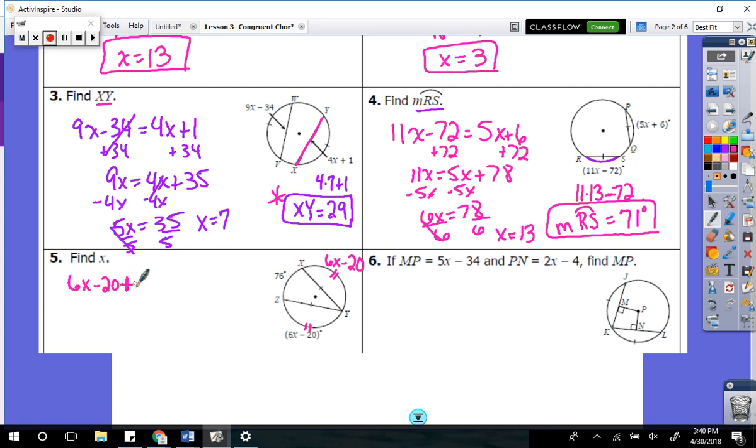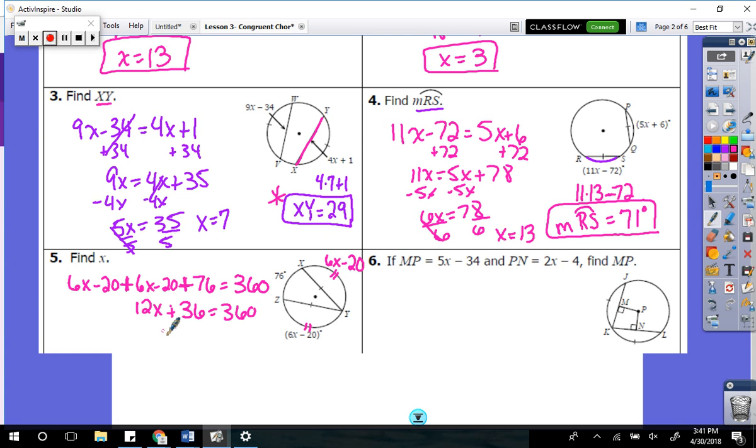plus 6x minus 20 plus 76 is equal to 360. So I know all of the pieces together equal 360. So that will give me 12x plus 76 equals 360.